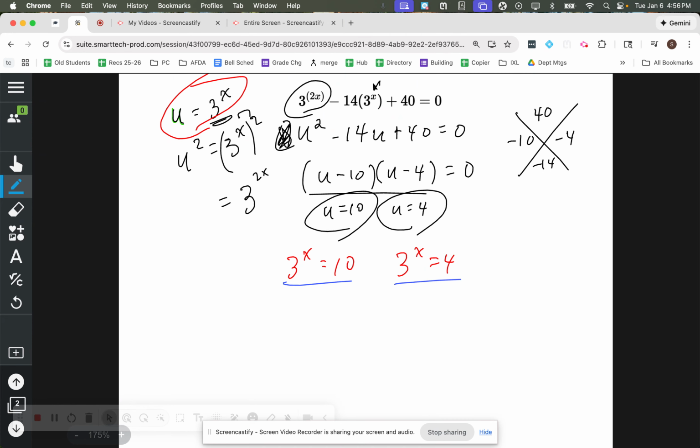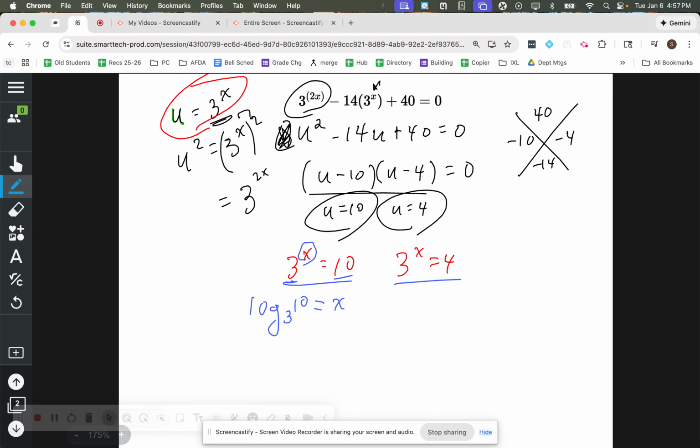Okay, and a log statement has a base, log base 3, because this is the base. And remember, what even is a log? It's an exponent, right? And it's the exponent that gets you from 3 to 10.